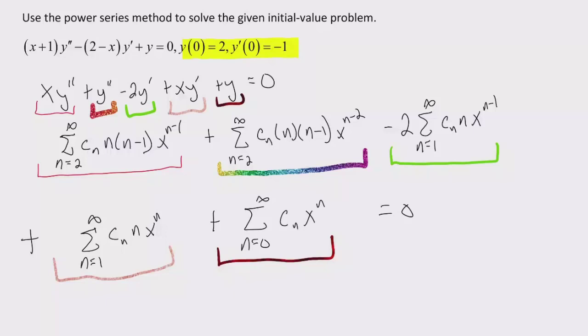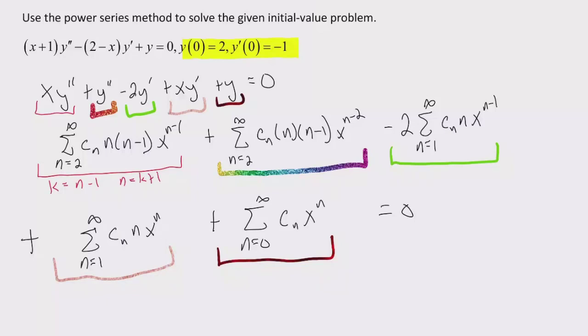Next challenge is to do a series, so we focus on the exponent and we do our substitution based on the exponent. So for this first one, I'm going to say k is n minus 1, which means n is k plus 1.